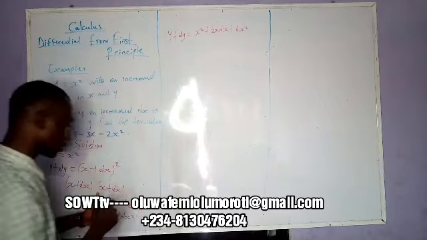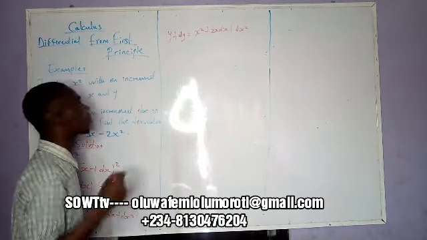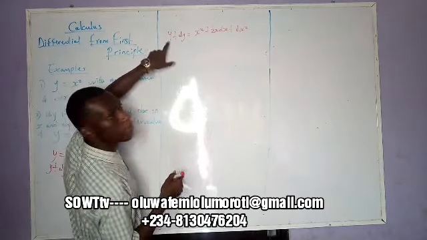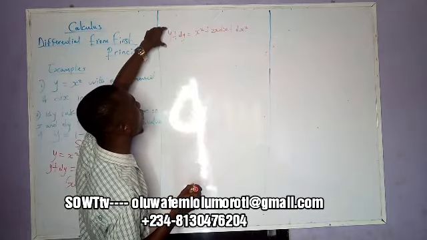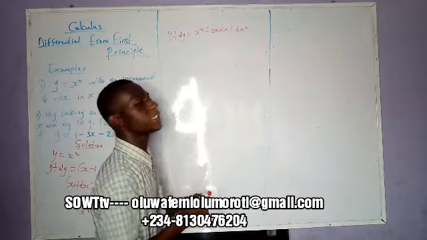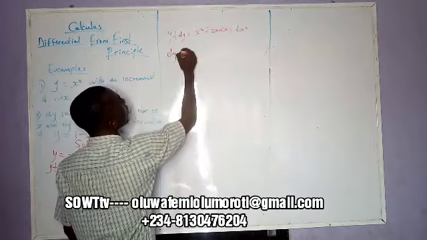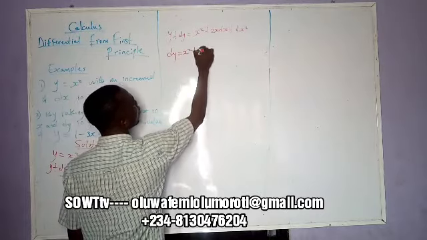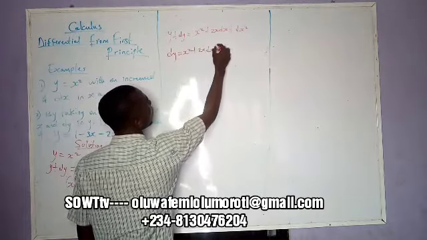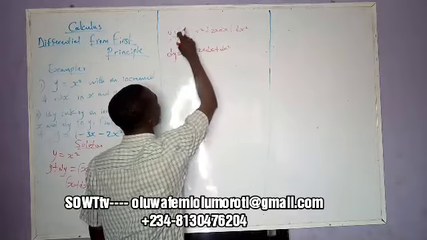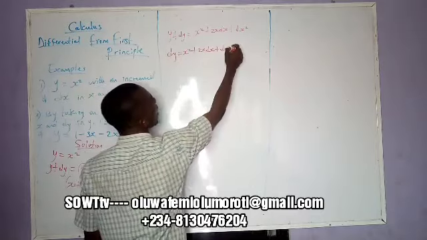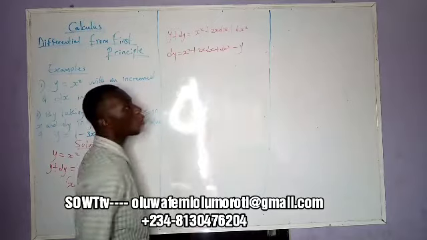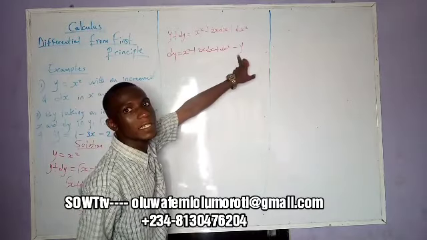So this is the first thing we have to do. The second step is to move this particular y to the other side. So we now have dy equals x squared plus 2x dx plus dx squared, minus y. The given value of y we now replace.